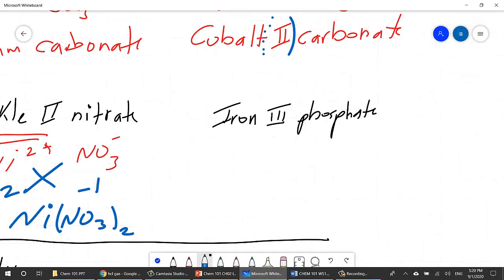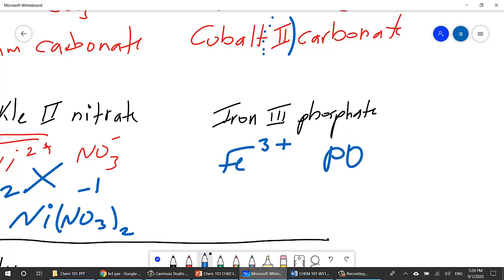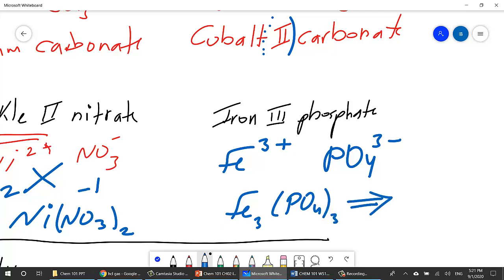Iron(III) phosphate, again, iron is Fe, and it says 3, so it must be 3 plus. And phosphate is the group which is PO4 3 minus. You should memorize that. Again, you have different charges here, so you cross multiply and it becomes Fe3PO4 all three, but this is an ionic compound, and therefore you simplify this into FePO4.